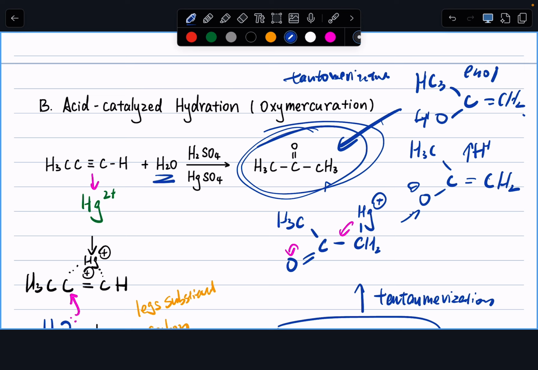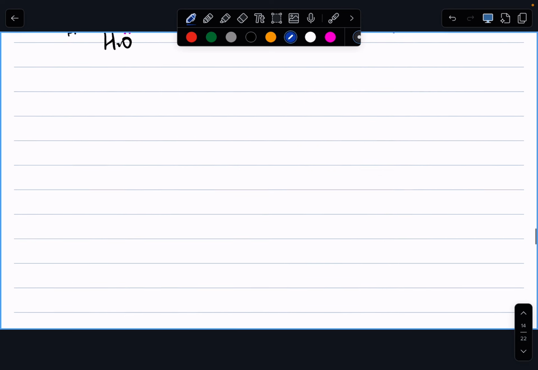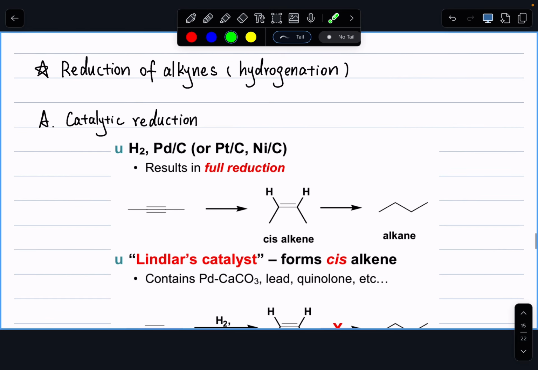All right, the last reaction of alkynes is reduction or hydrogenation. So we're adding hydrogen onto the alkyne to reduce it into alkane or alkene, right? So alkane, single bonded, or alkene. The take-home message here is that depending on the reaction condition, we can control to what degree the reduction takes place.